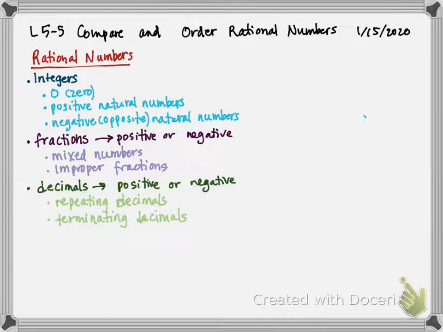All of these are considered rational numbers. So some ideas of how we can compare them. So I'm going to put this over here, or put here, to compare. Some ideas to think about.